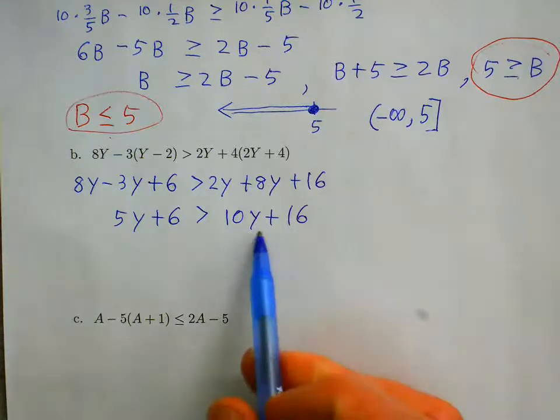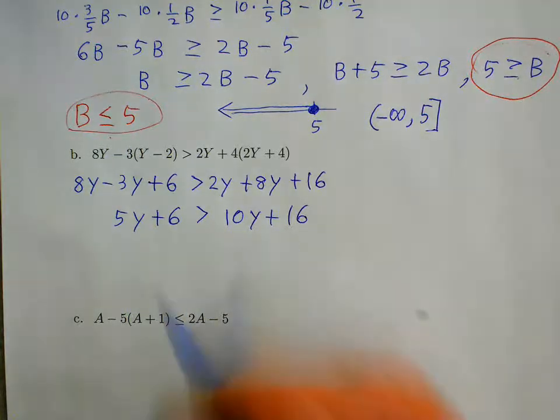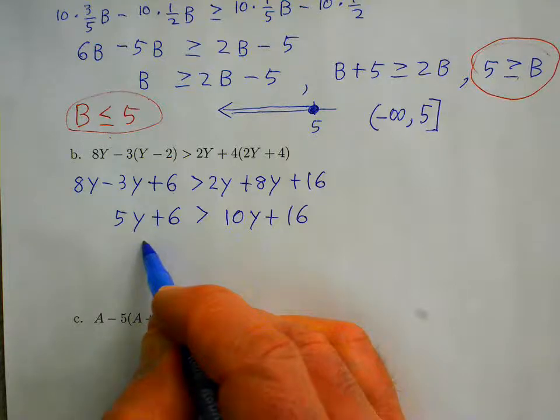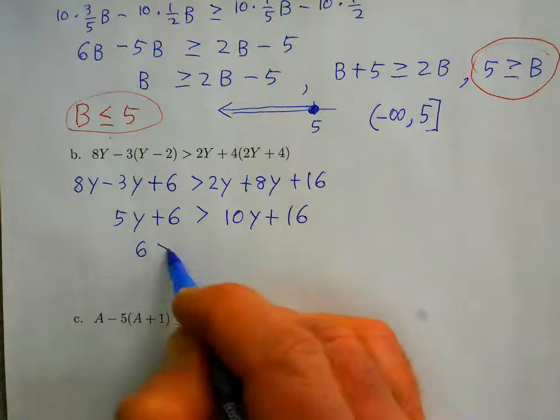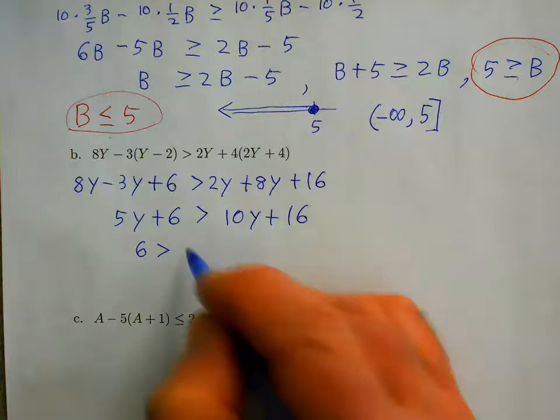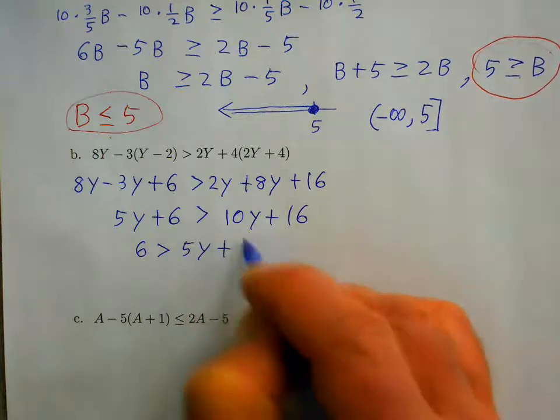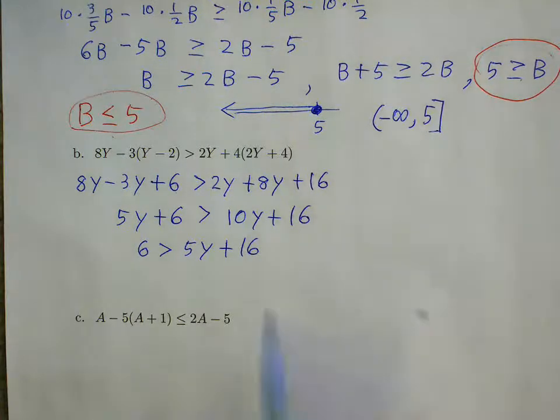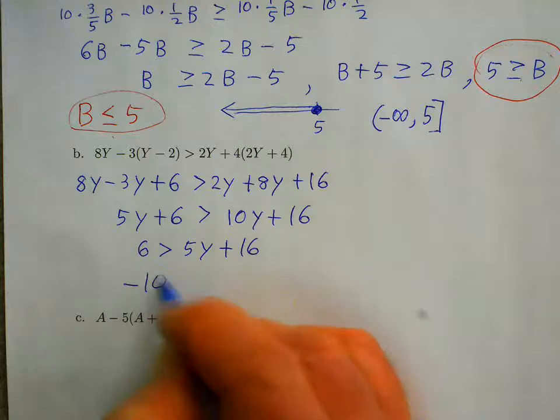And I'm going to subtract 5y from both sides. So on the left-hand side, we'll get 6. And this is greater than 5y plus 16. Then we'll subtract 16 from both sides. 6 minus 16 is negative 10.